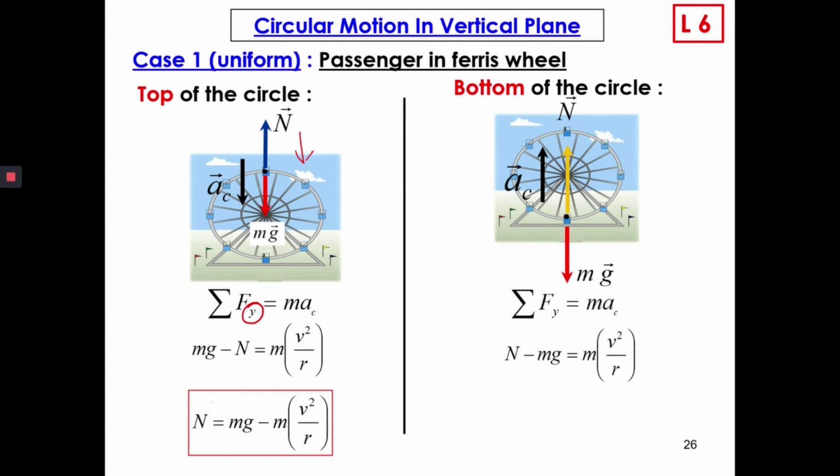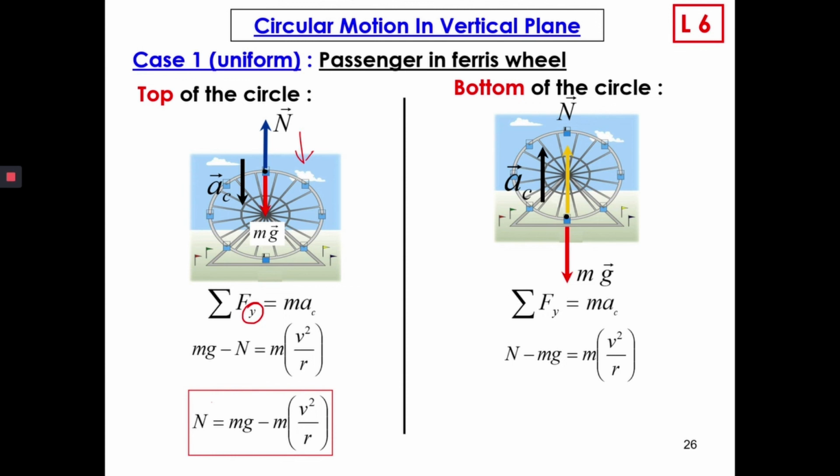Compared with the bottom of the circle, when the object is at the bottom, your centripetal force is directed upwards.